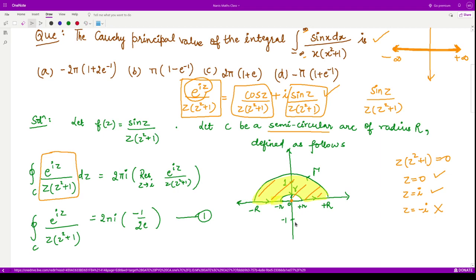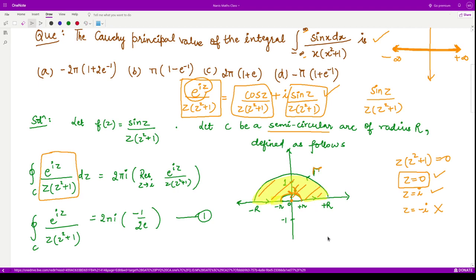Because it lies in the lower half plane. So what we can do about this singularity is indent our circle by drawing this curve from minus small r to small r and naming it small gamma, and we have named the upper curve capital gamma.